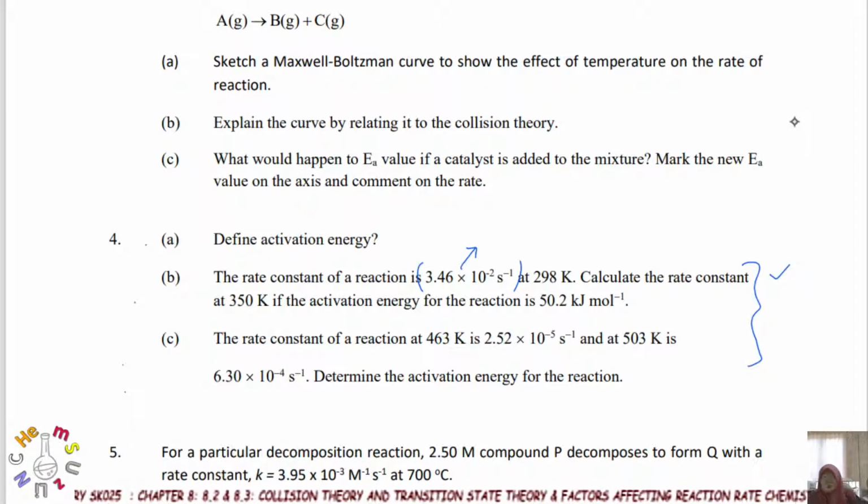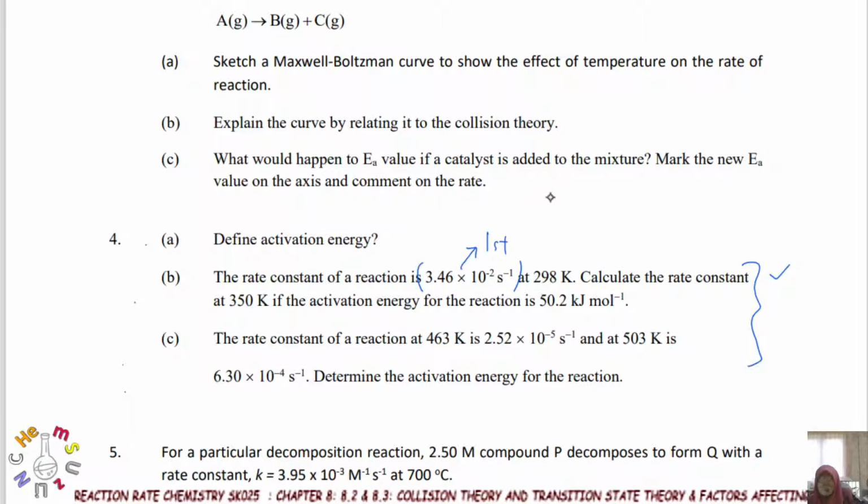Okay, first order. Tapi dia nak tanya pasal order ke? Tak, dia tak nak tanya pasal order. Dia kata rate constant. This is a first order reaction. It occurs at 298 Kelvin. And calculate the rate constant at 350 Kelvin if activation energy is 50.2 kJ per mole.